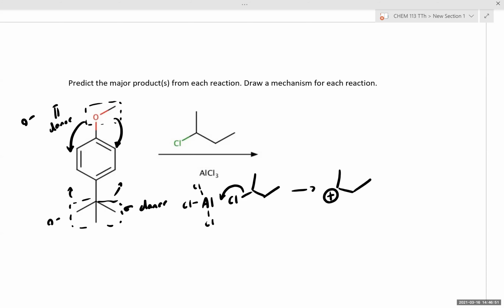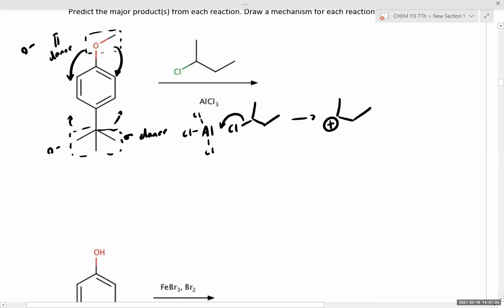There's no rearrangement in this case, so we won't see a significant amount of carbocation shifts or other rearrangements. So with that established, we now have our electrophile.